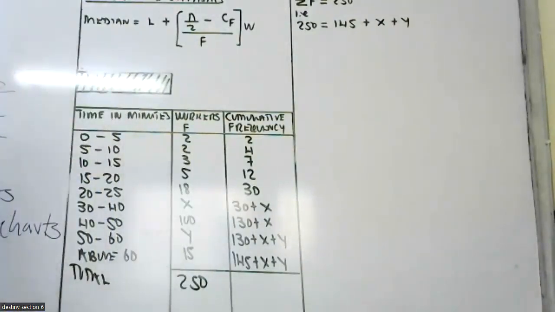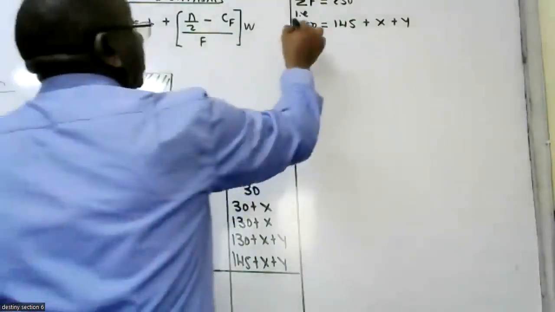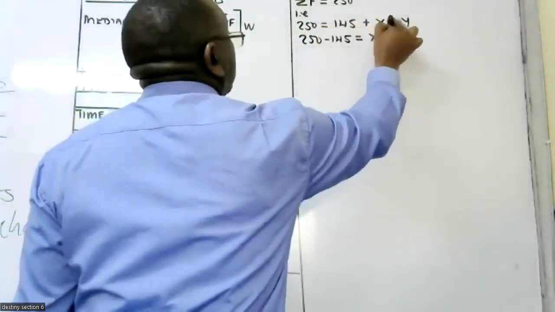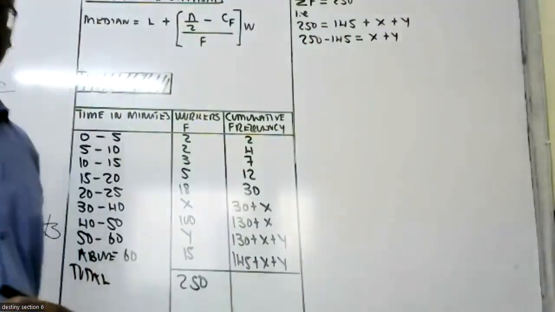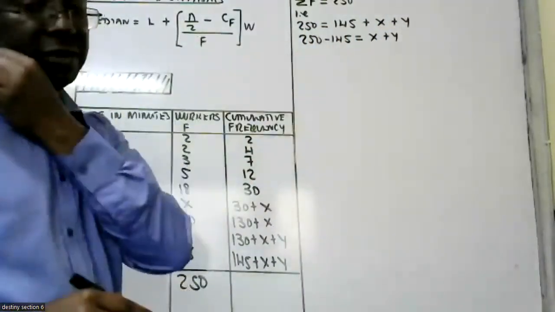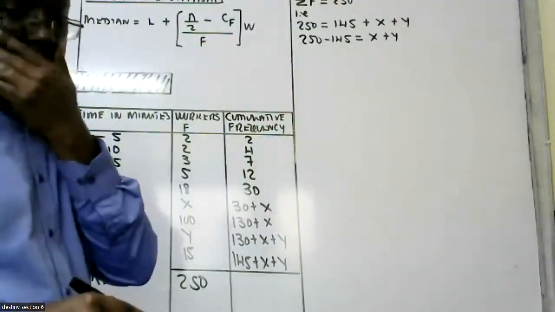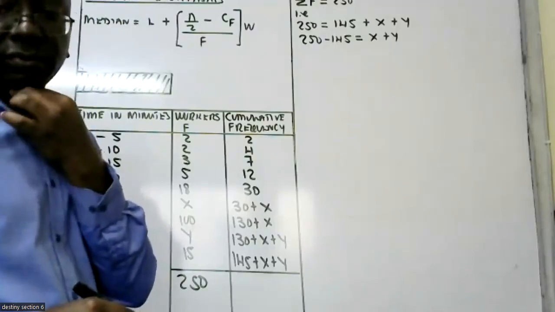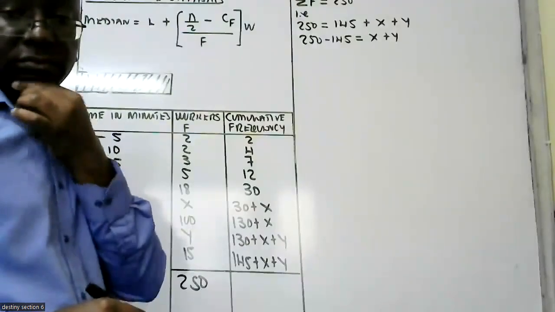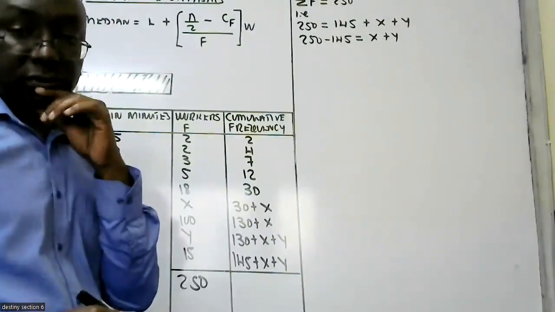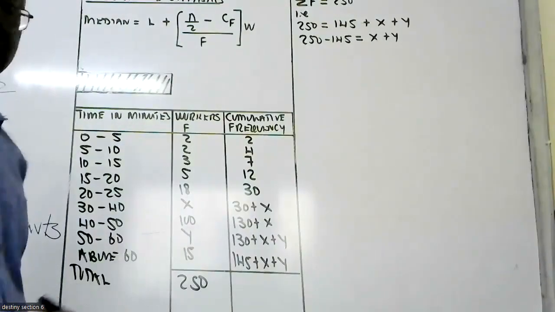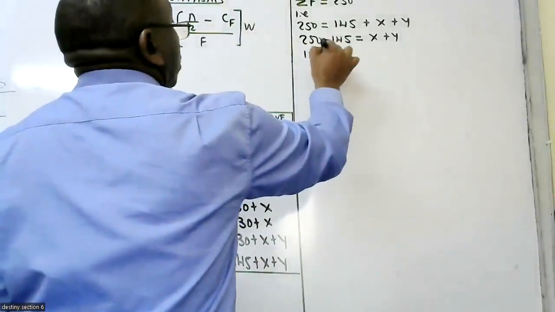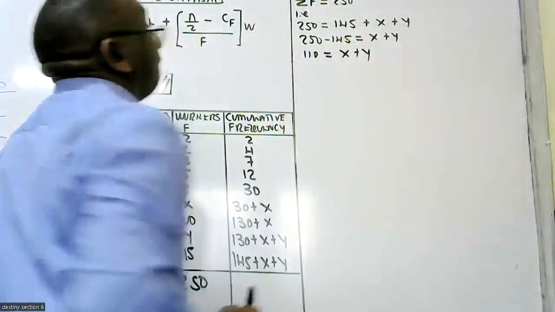Now, 250 minus 145 is x plus y. So tell me, 250 minus 145 is what? It is 110. So 110 should be equal to x plus y.